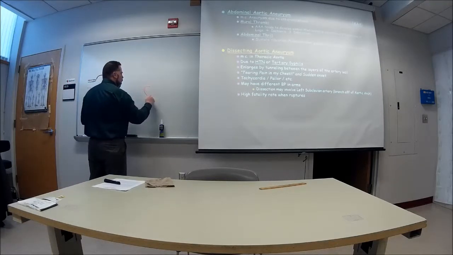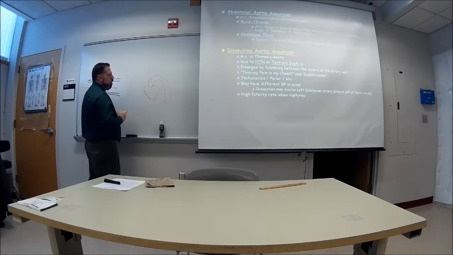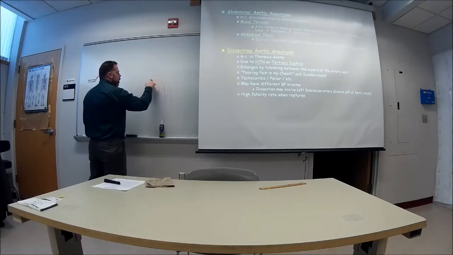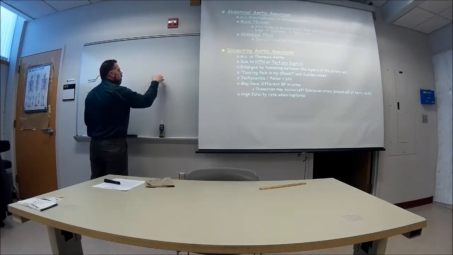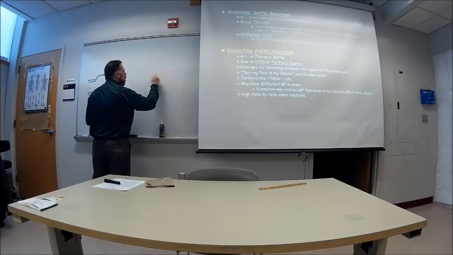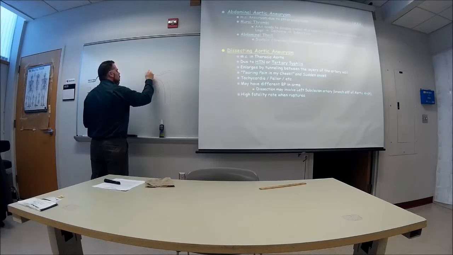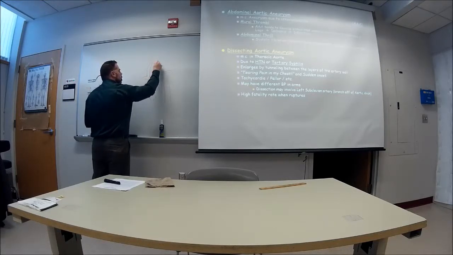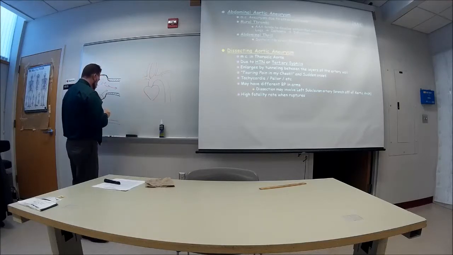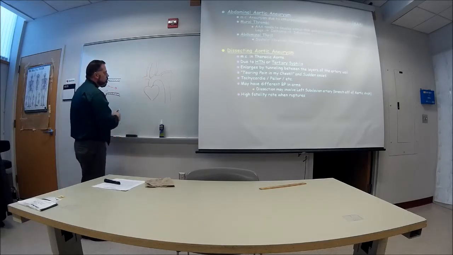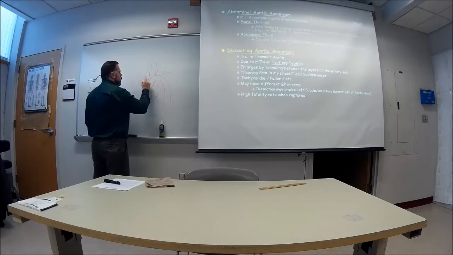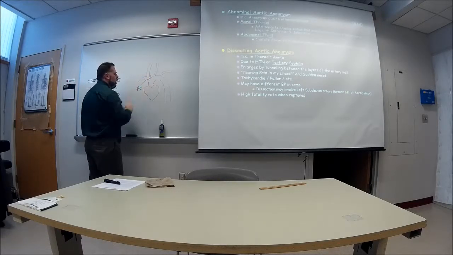So if you have your heart here, right? This is your aorta, your aortic arch. Just a little review. Your aortic arch, this is going to be your brachiocephalic artery.